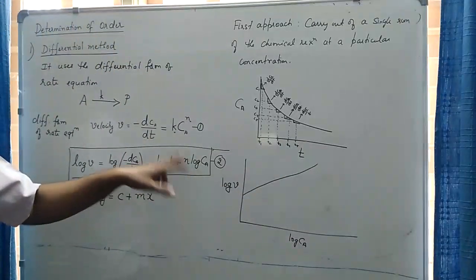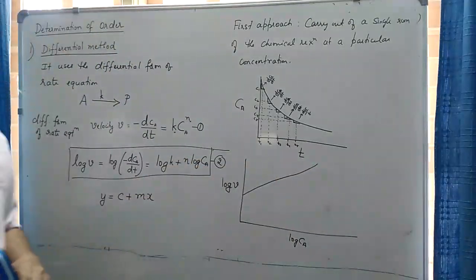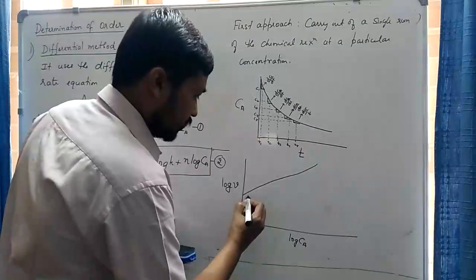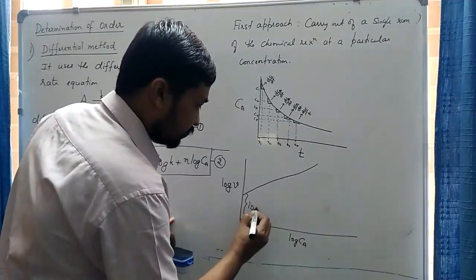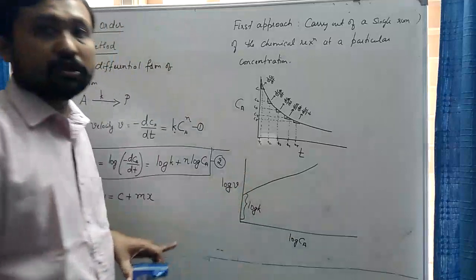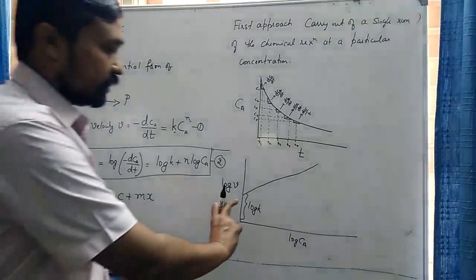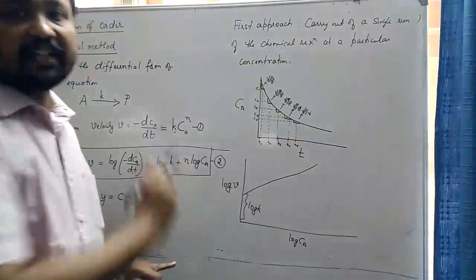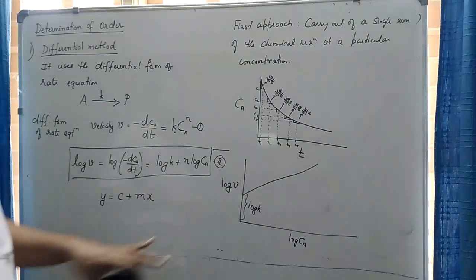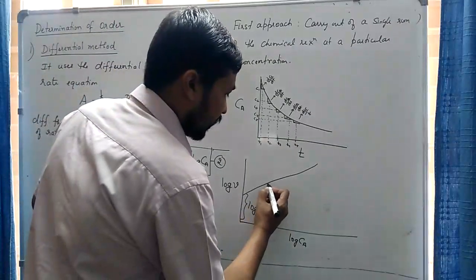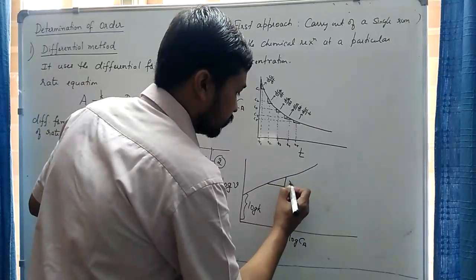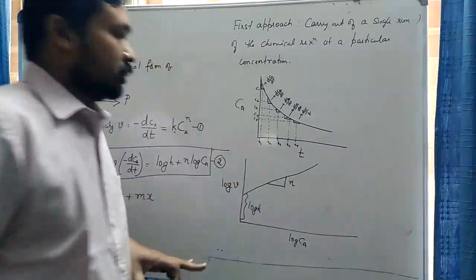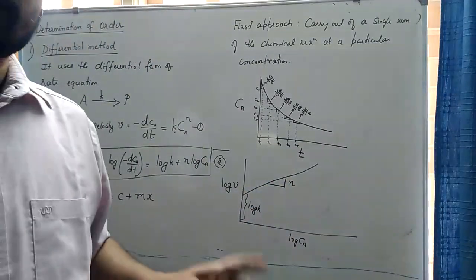If the order is positive, it will be a positive slope, a straight line, and the intercept of this straight line should be equal to log k. So by calculating the intercept and taking its anti-log, one can find the rate constant of the reaction, and the slope is nothing but the order of the reaction.